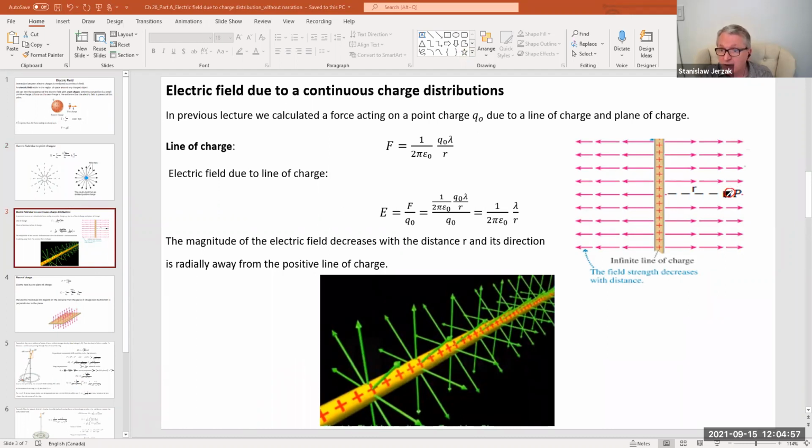If I put at point P here a positive charge Q0, then the force acting on that charge Q0 due to that line of charge was given by this expression, 1/2 pi epsilon naught Q0 lambda divided by R, where R was that perpendicular distance.